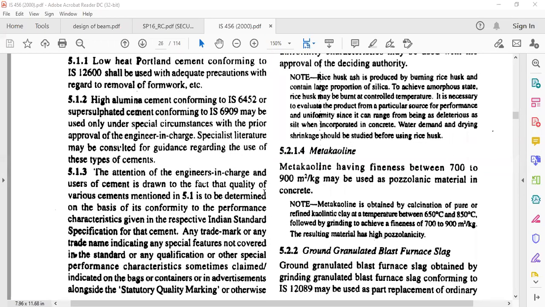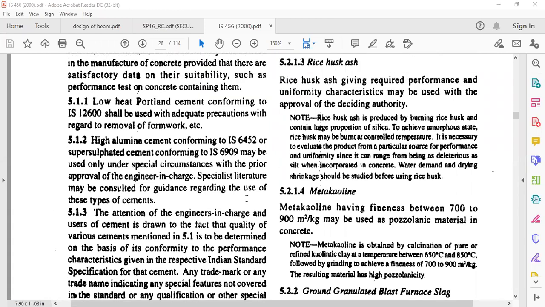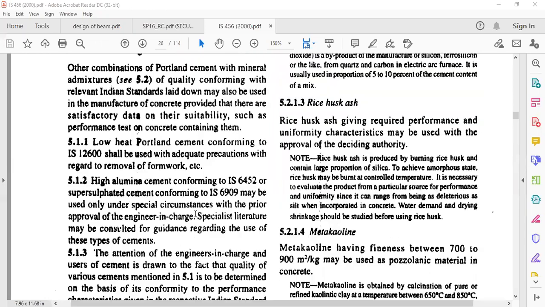But according to IS 456, if you want to know what it should consist of, or sometimes you use metakaolin, sometimes rice husk ash, or even in your family project.